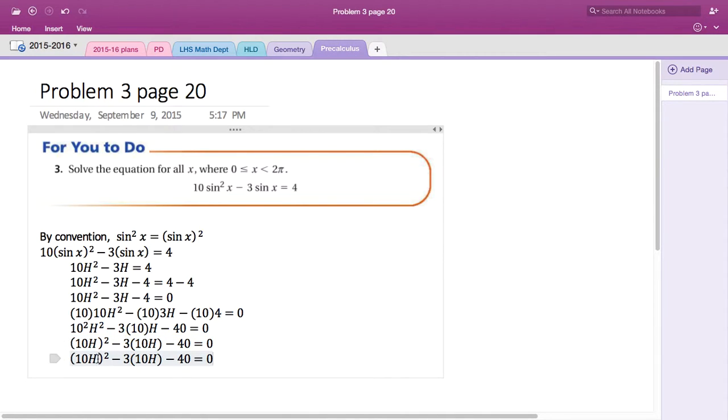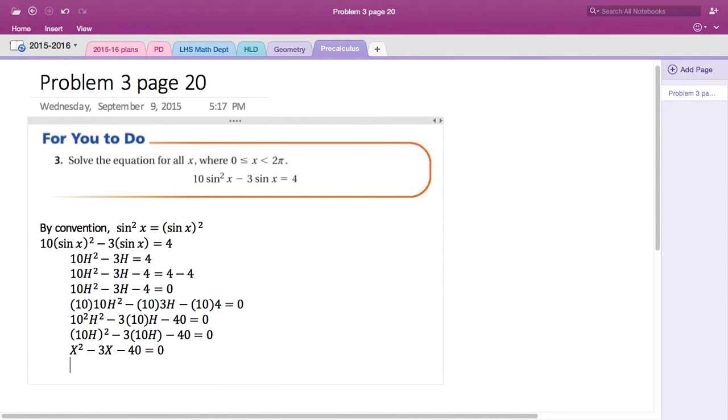Now, we know this 10h and this 10h are the same, so let's just replace it with capital X, Mr. X. You see, we are simplifying a hard problem in a simpler way. And we know how to factor this one. You look for two numbers that add to -3 and multiply to -40, which is -8 and 5.